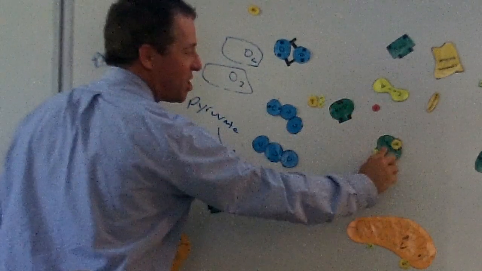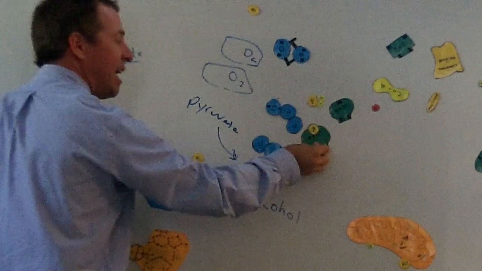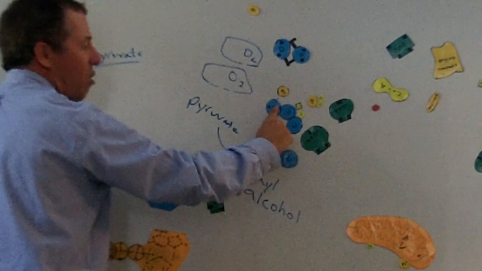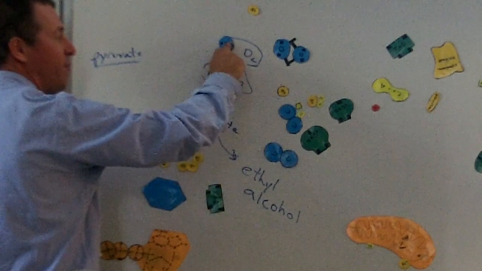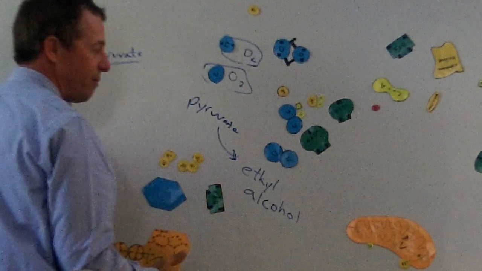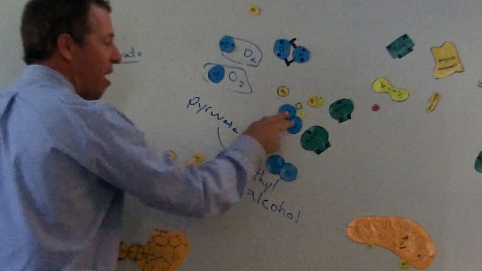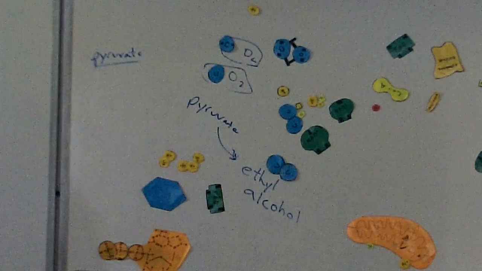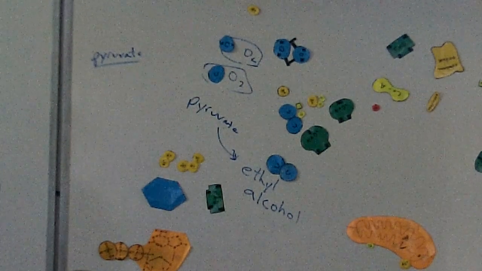The NADHs that were produced come back and give back their protons and electrons, and one of the carbons falls off and exits as carbon dioxide, and now we have a new molecule called ethyl alcohol, which is not very toxic to plant cells.